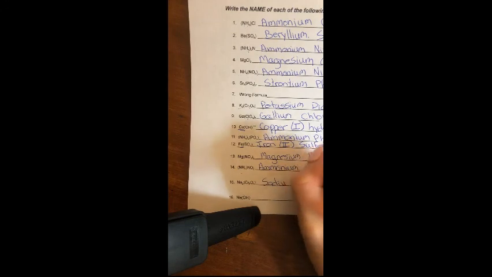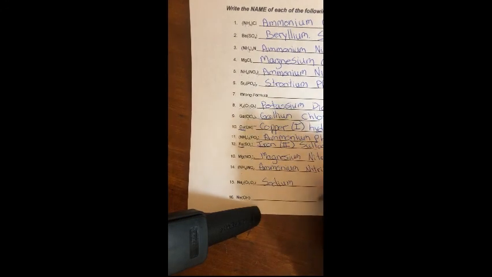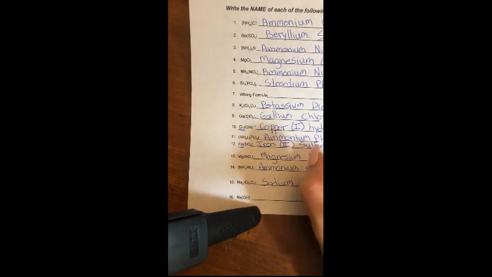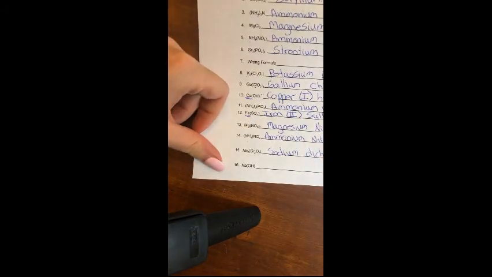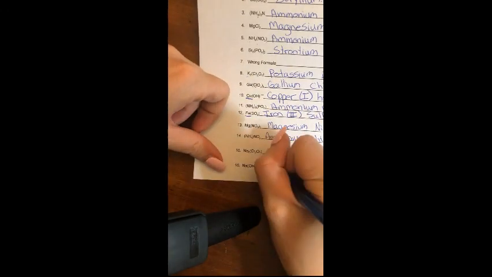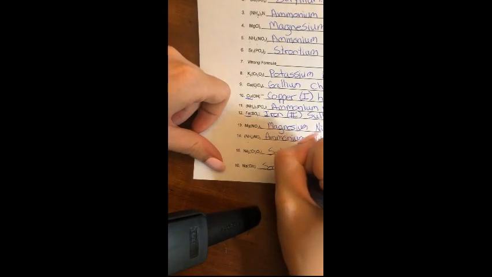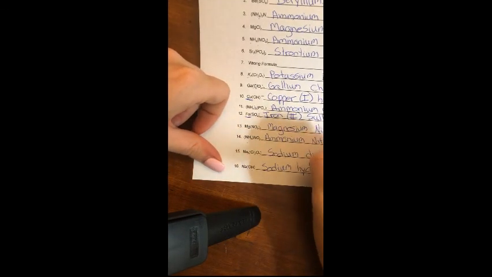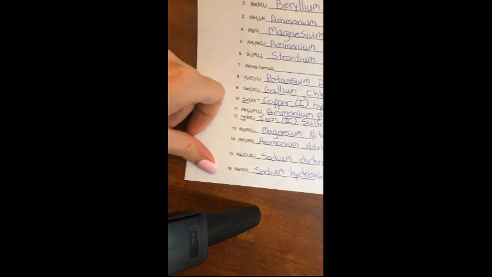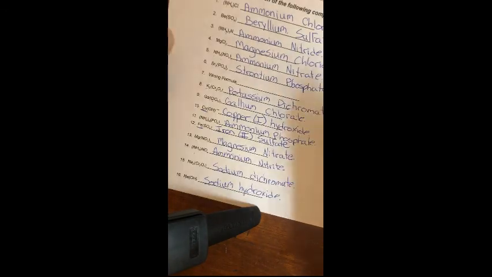And then Cr2O7 is dichromate. And then the last one, we've got sodium again. And that's hydroxide, so sodium hydroxide. And that's it for this worksheet.